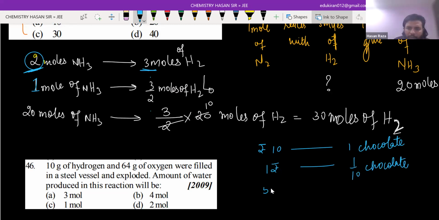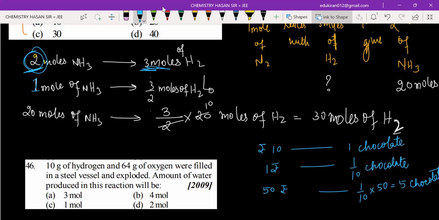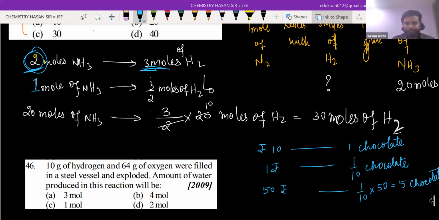So for 50 rupees, you will get 1 by 10 into 50, that is 5 chocolates. Are you getting my point? It's just like this: 2 moles of this give you 3 moles, so for 1 mole, 3 by 2. Is that clear, Tharif? Clear. Okay.